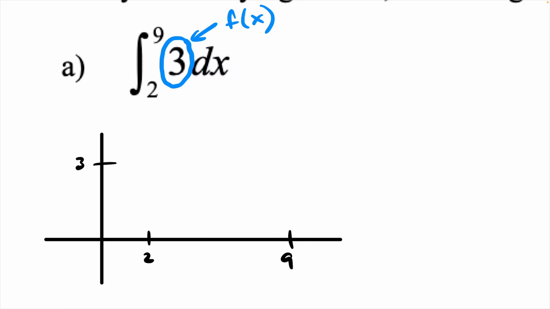So at 2, it's going to be 3. Where is it at 9? 3. Where is it in between? 3. So that's the function there. My job is to find the area under the curve there. So I start at 2, go to 9, I need to find the area under the curve. So all this stuff right here.